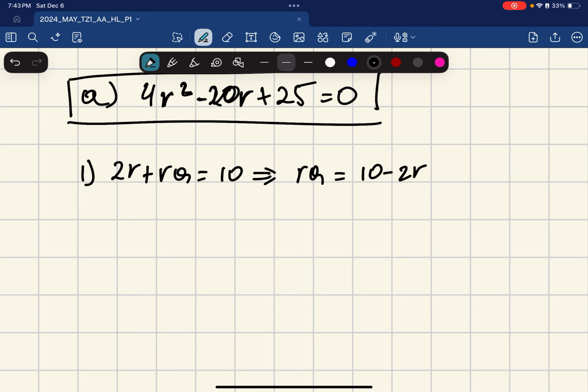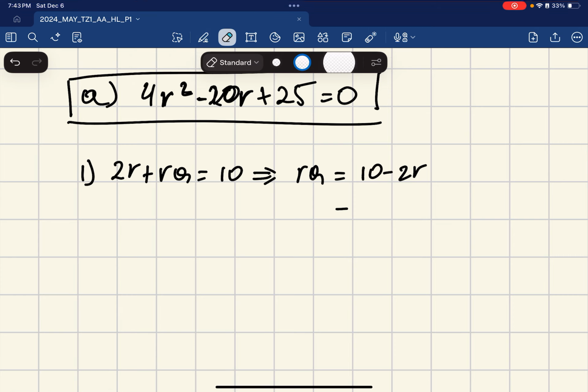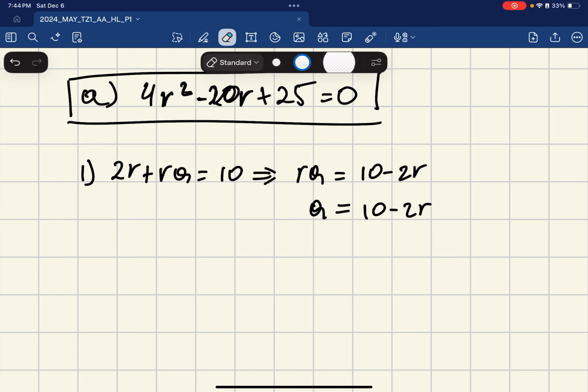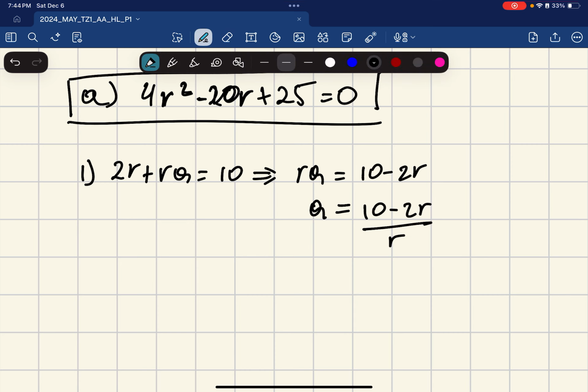And then I'm going to be solving for theta. That will be dividing both sides by r. So I'm going to end up with theta is equal to 10 minus 2r over r. You can continue and split this into 2, but I'm going to keep it like this for now.